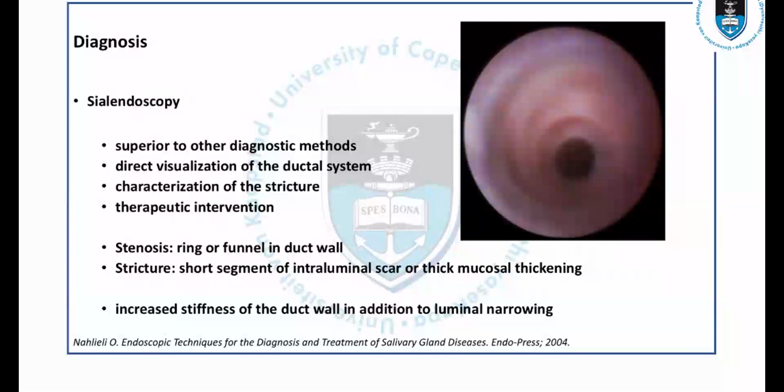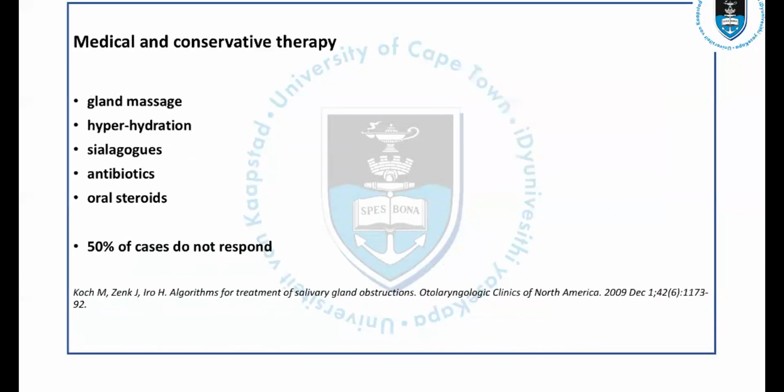Stenosis is identified on endoscopy as a ring or funnel in the duct wall, and strictures may appear as short segments of intraluminal scar or thick mucosal thickening, which may have either a complete blockage or a pinhole lumen. And endoscopically, stenotic areas have increased stiffness of the duct wall in addition to luminal narrowing.